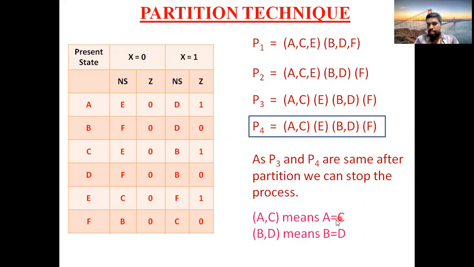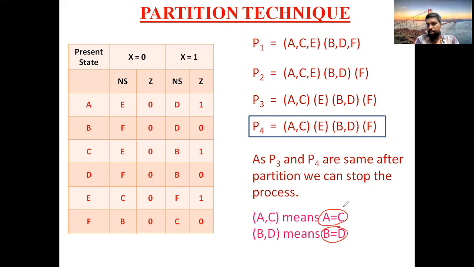It means that state A is equal to state C. B comma D are there here. It means that state B equals state D. Equal in the sense you can eliminate any one. As A equals C, either you can eliminate A or you can eliminate C. That's your wish. As B is equal to D, you can eliminate either B or D.